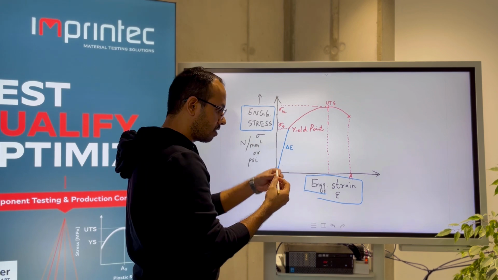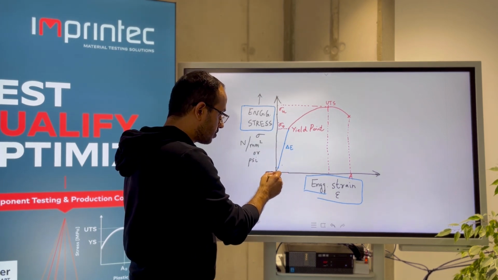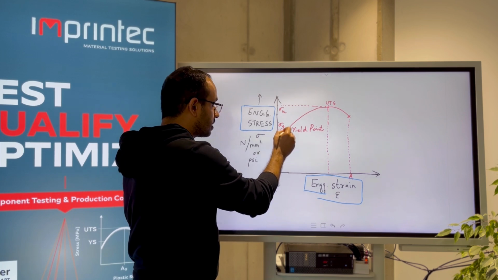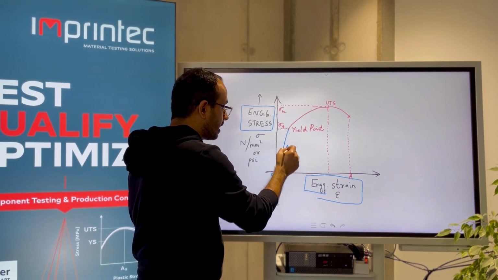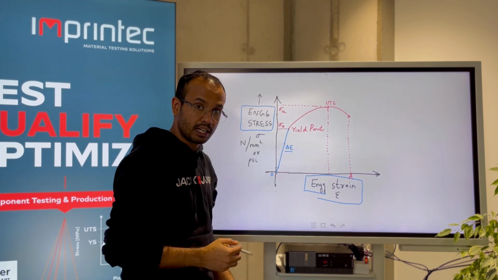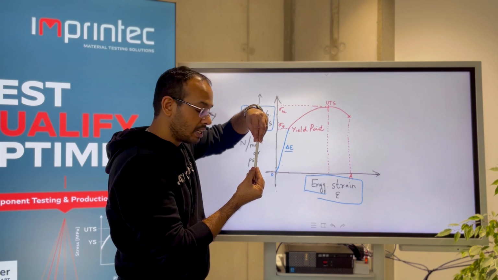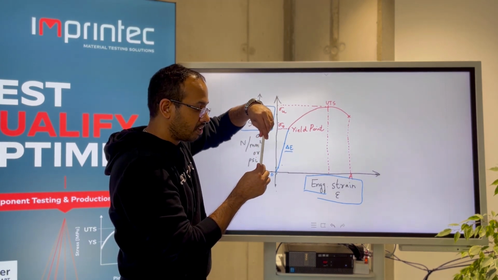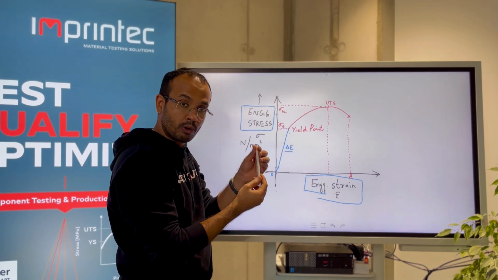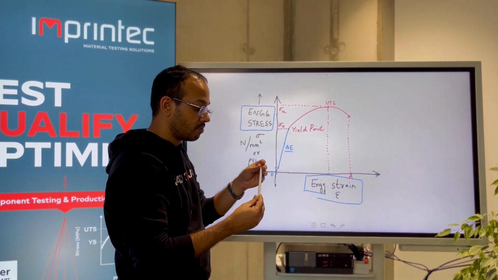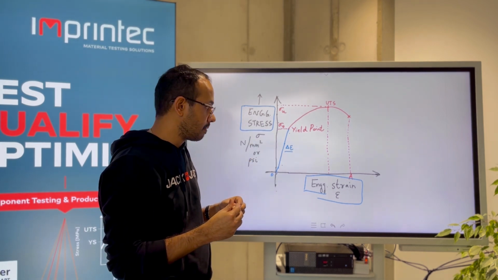The stress on the specimen goes on increasing from 0 here until this point, which is called the elastic limit. What this essentially means is if the specimen is loaded until this point or below this point, the shape of the specimen returns back to its original shape.